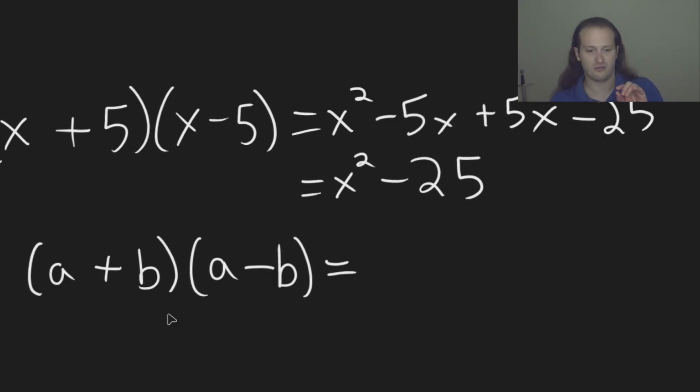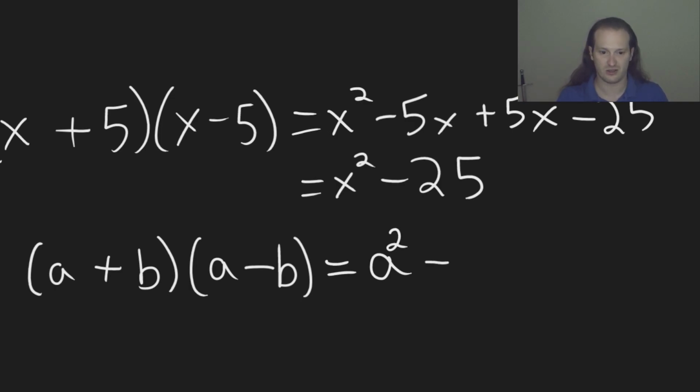If you have two binomials and they're conjugates of each other, the shortcut is you have that first a, the first thing in both of them, you square that. Then forget about the linear term. We've shown here that they're going to cancel out. So you just have a minus, and then whatever that last thing is, squared.